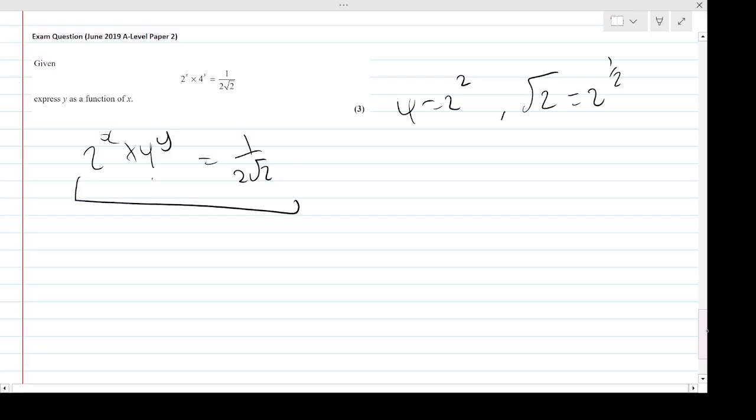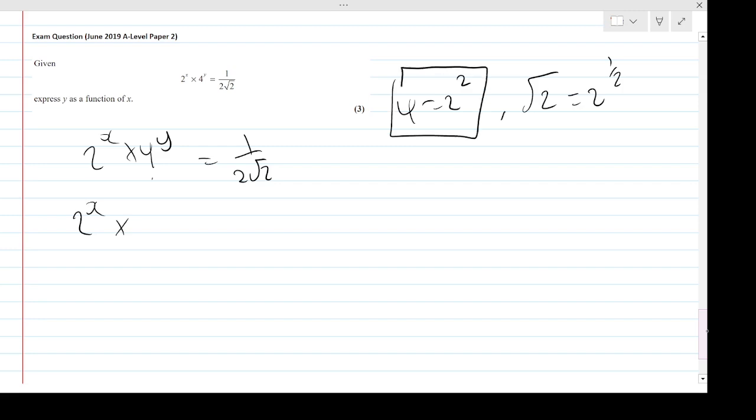So if we start from here, 2 to the x times 4 to the y is 1 over 2 root 2. Well, that's 2 to the x, okay. But then 4, as we saw here, is 2 squared. So I can literally substitute that in, to say 4 is 2 squared, and then that's all raised to the power of y, okay. And then 1 over 2 root 2. Well, 1 over 2, that's 2 to the minus 1.